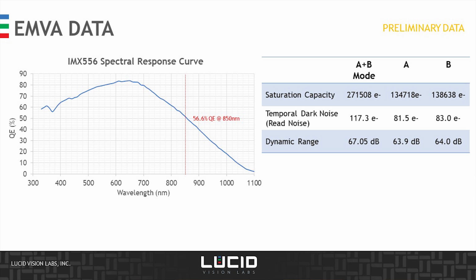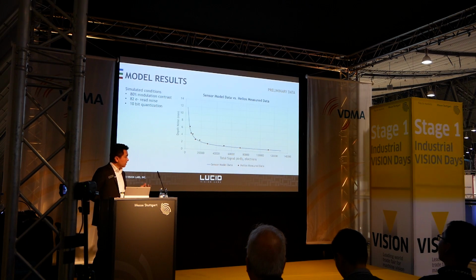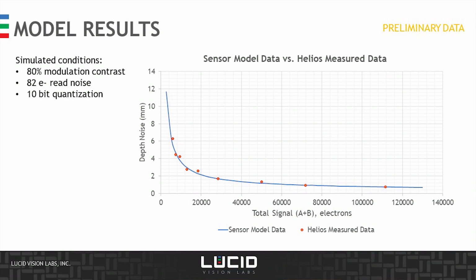So using this EMVA data, we did some simulations to understand what kind of performance we can get out of the sensor. This blue line right here is our modeled result based on 80% modulation contrast, 82 electron read noise, and 10-bit quantization of the data. The red dots here are actually the performance that we measure from the camera.